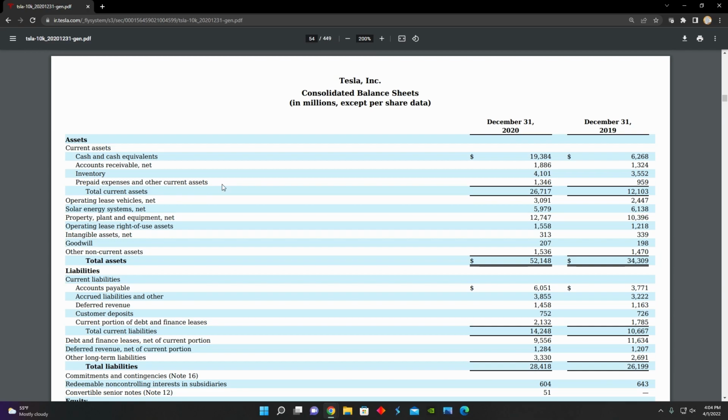And then right here underneath that, we see prepaid expenses and other current assets. And prepaid expenses, this is basically just money that's set aside for goods or services before the delivery is received. And so this can be made up of things like rent payments, for example. Tesla might prepay a certain amount of rent for a future 12-month period, and then they'll just incur those rent expenses as a part of the operating expenses on the income statement for the specific period.